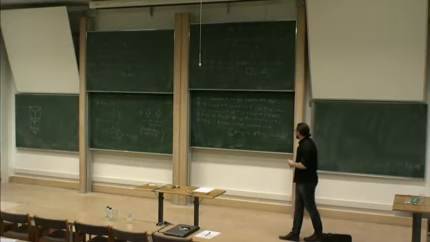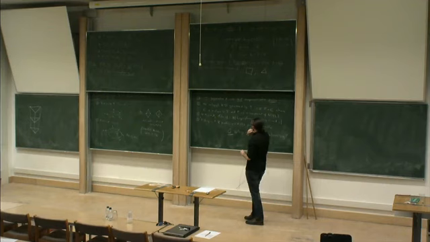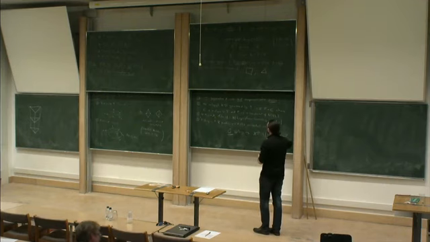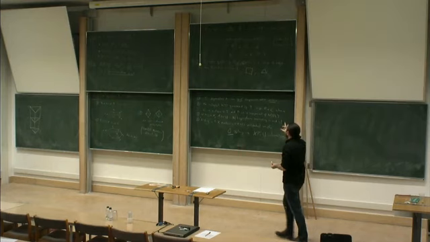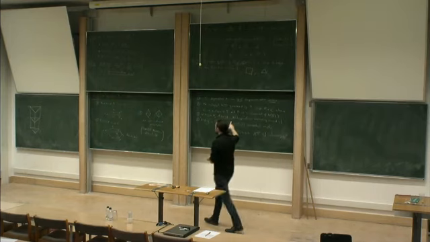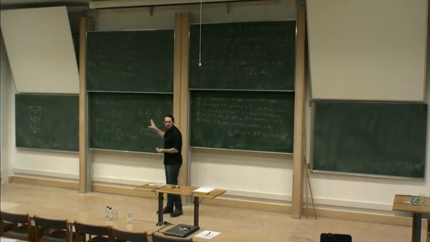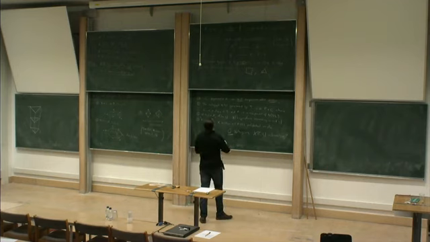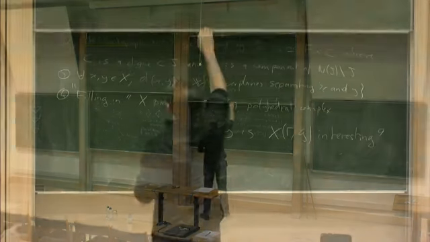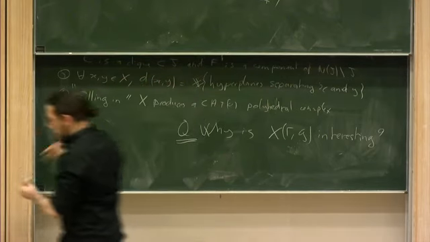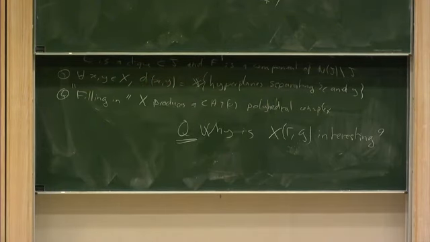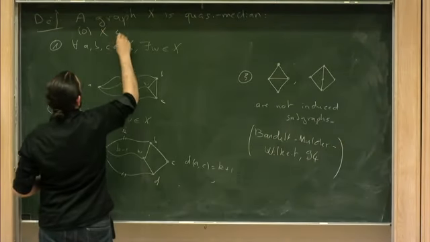Maybe I should add that the graph X must be connected, and the graph Gamma not necessarily. I should add this in the definition: condition 0, X connected.